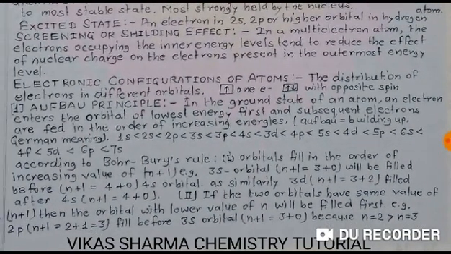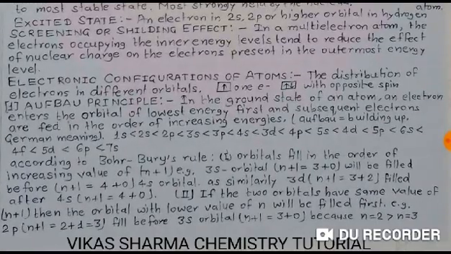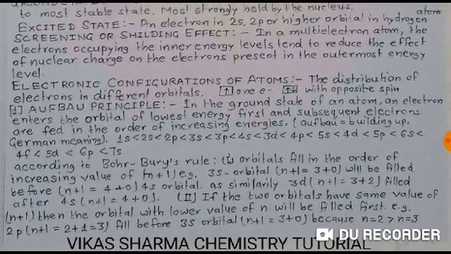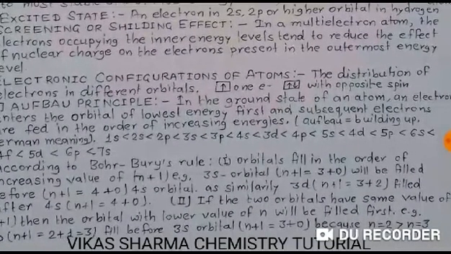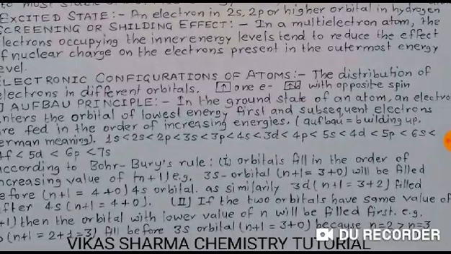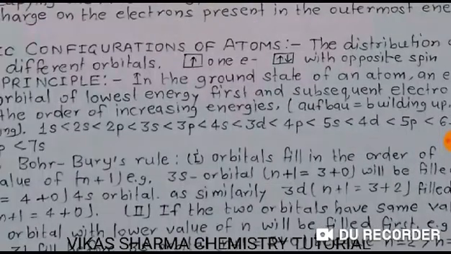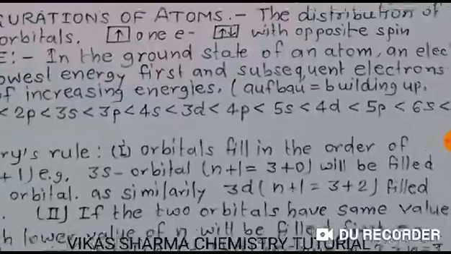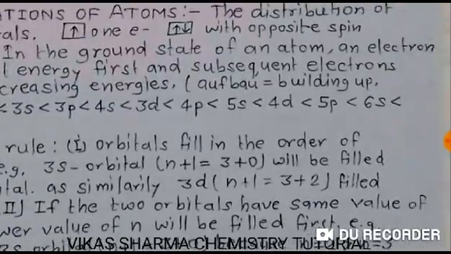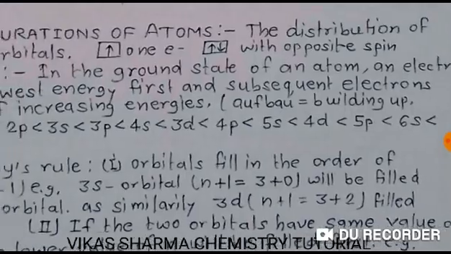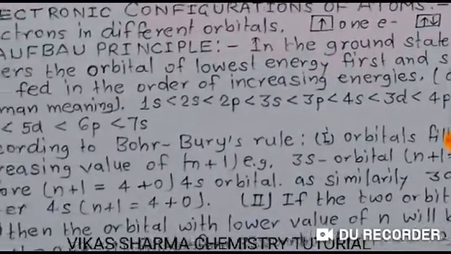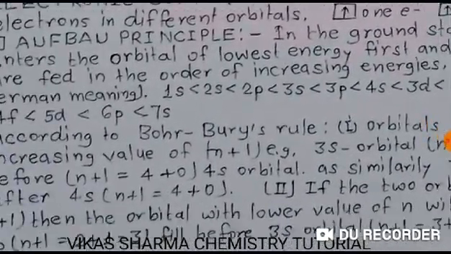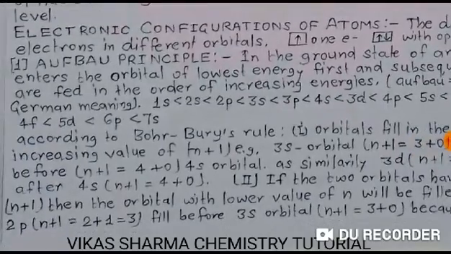First and subsequent electrons are fed in the order of increasing energy, known as Aufbau. Aufbau means building up, a German word. So these are the series: first electron enters into the 1s, then 2s, then 2p, then 3s, then 3p, then 4s, then 3d, then 4p, then 5s, then 4d, then 5p, 6s, then 4f, then 5d, 6p and 7s.